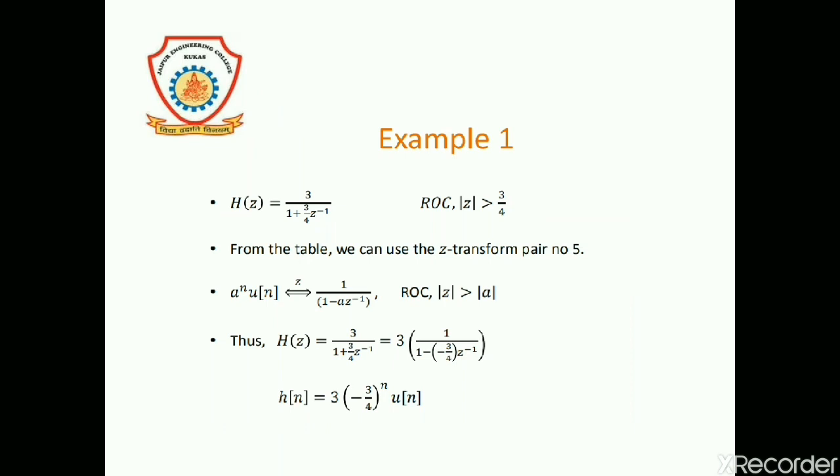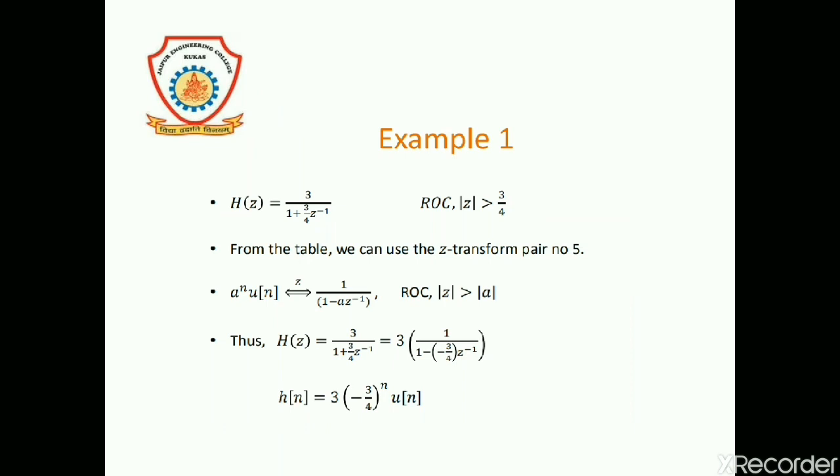From the table we discussed already, using pair number 5, we know if the given signal is in the form a to the power n u[n], then the Z transform is 1 upon 1 minus a Z inverse, and the ROC for that signal will be mod of Z greater than a.